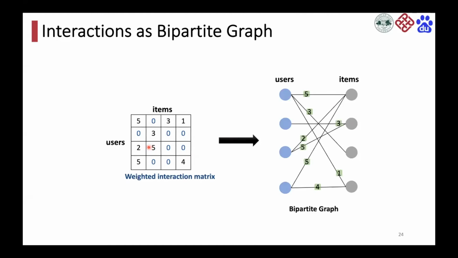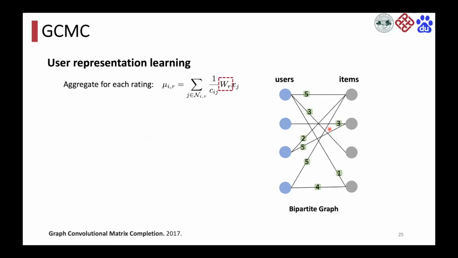Let's say in movie recommendation, we can have a 1 to 5 star rating system, where 1 represents I hate it, 3 is neutral, and 5 is I love it. In this case, we have a bipartite graph with weighted edges. How do we model this kind of weighted interaction matrix?